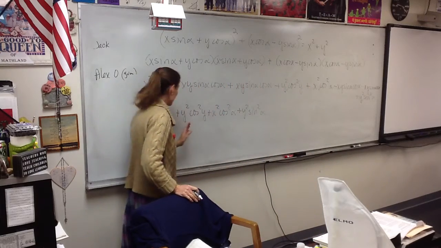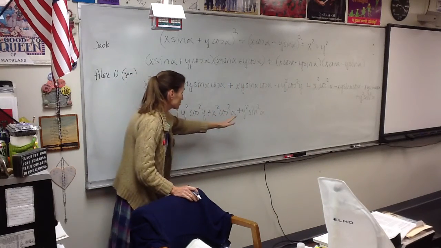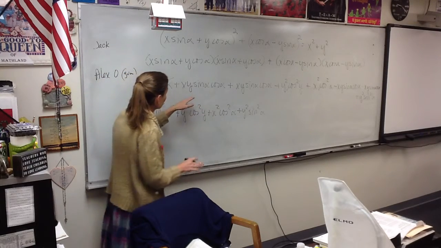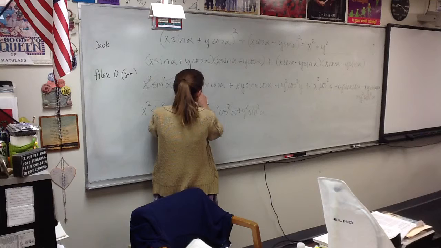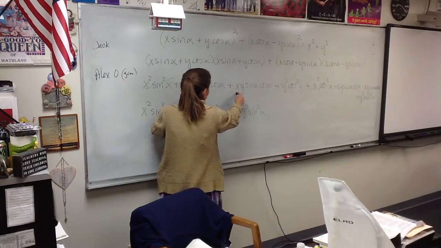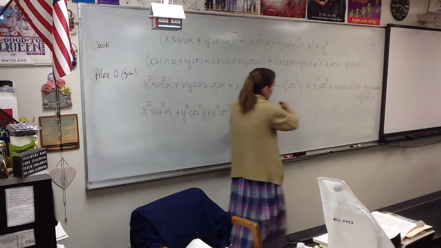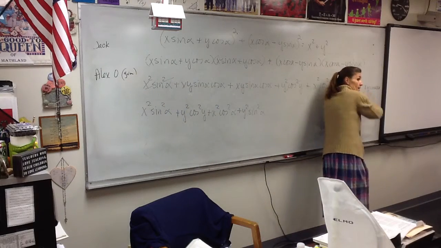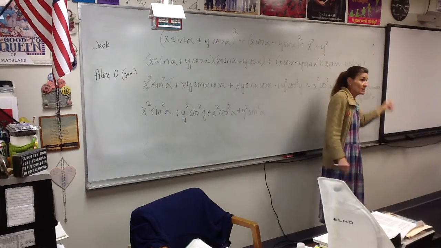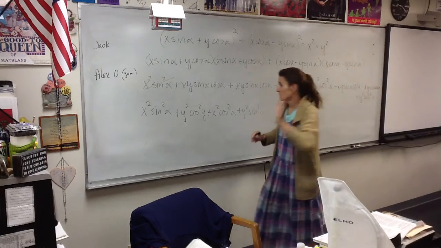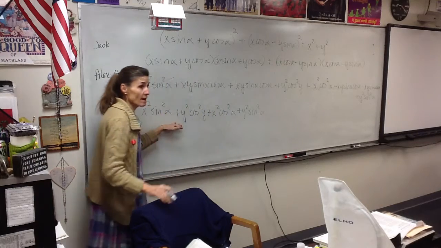None of those add together. Do you understand that? Yes. But how about all the rest of these things? These two match, don't they? And these two match, and those are positive, and these are negative, so they're gone. Those all do cancel. So this is really all that I have left.